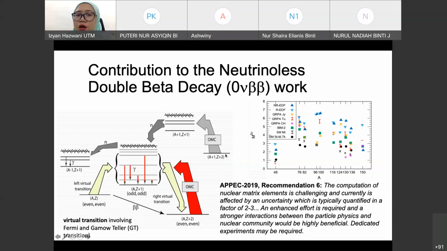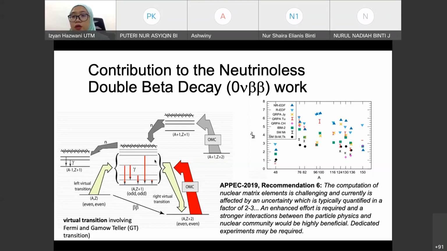That is why we come to our new proposal to investigate this using ordinary muon capture. Why? Because in double beta decay, if we use muon irradiation, we can excite the intermediate nuclei to several excited states around 100 MeV, which is similar to the energy possessed by the Majorana neutrino.